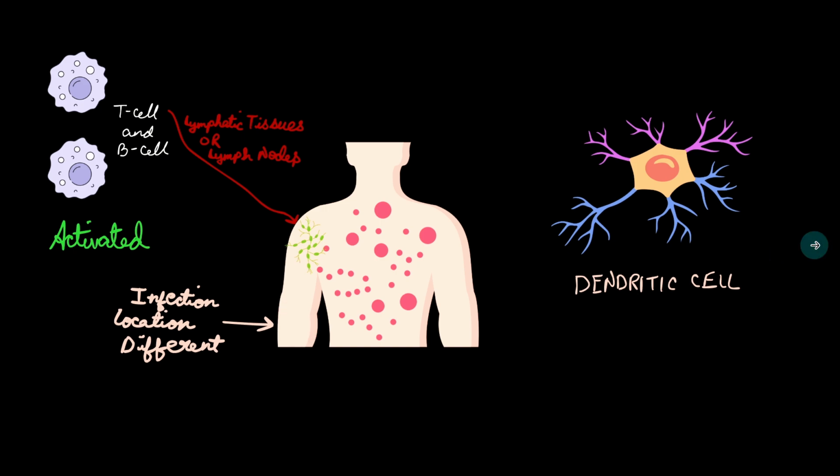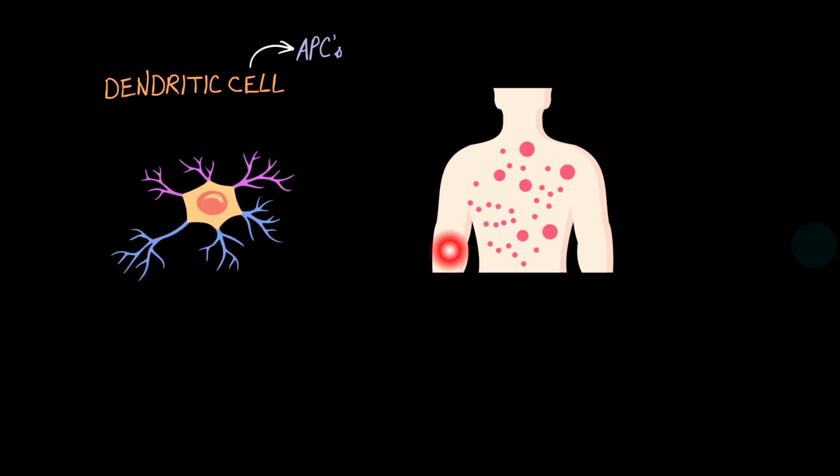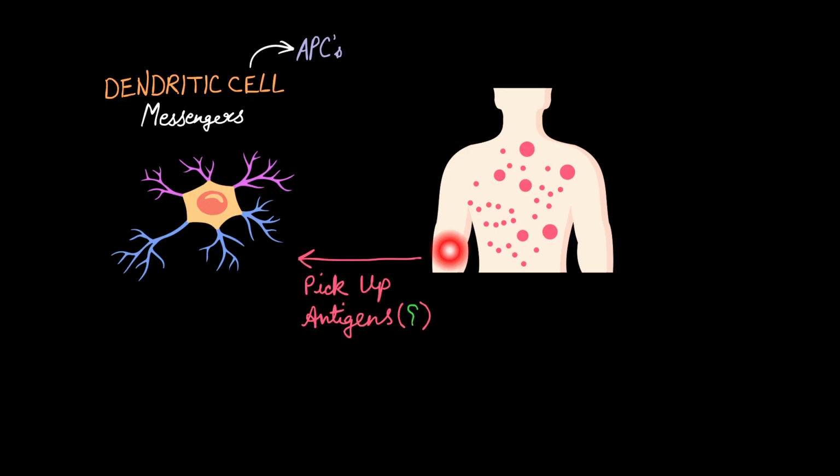Dendritic cells act as professional antigen presenting cells and serve as messengers between the innate and adaptive immune systems. Here's what they do. First of all, they capture antigens at the site of infection. Next, they process those antigens and display fragments of them on their cell surface.